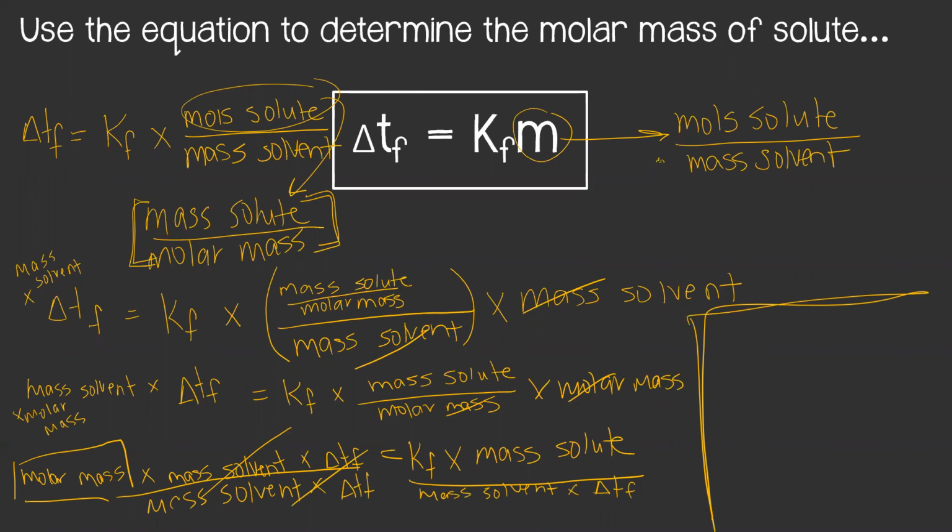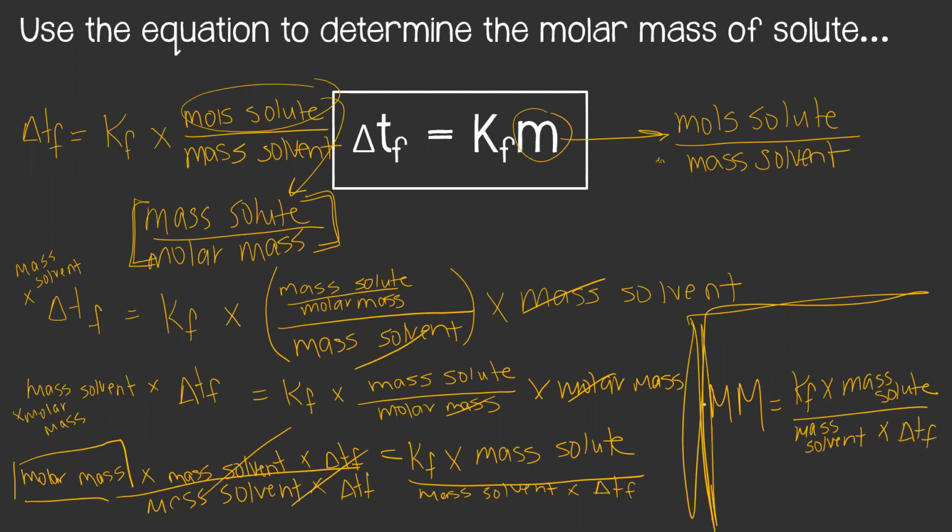Okay, so my final equation is molar mass, capital M, is equal to KF times mass of solute, and that'll be in grams, divided by the mass of solvent in kilograms times delta TF.